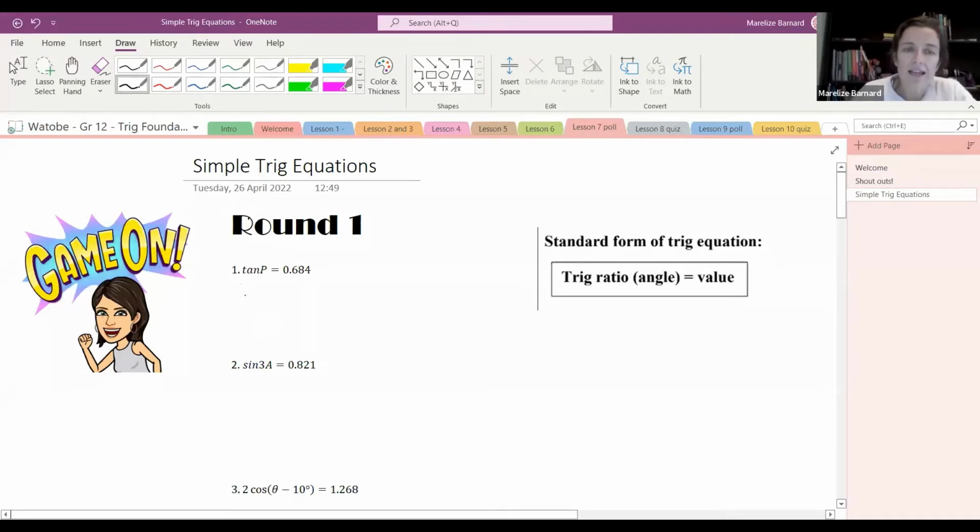So on our calculator, we go shift tan 0.684, and that gives me that P is 34.37 degrees.